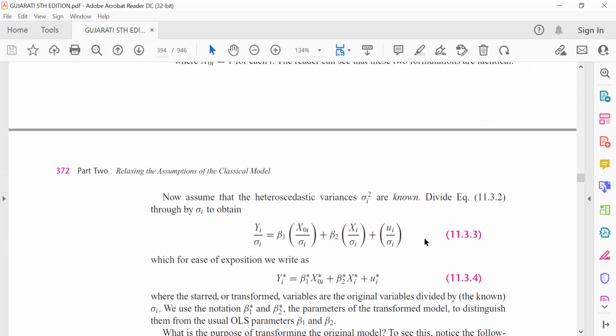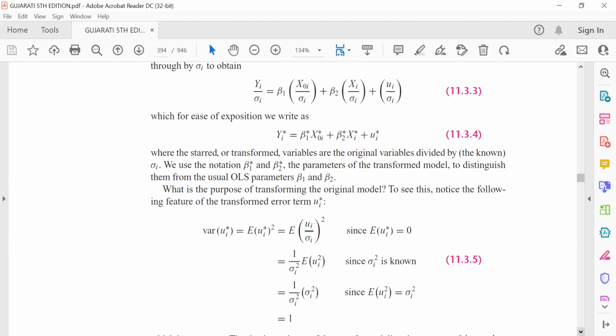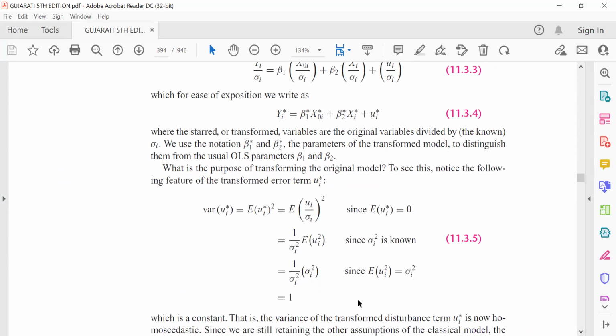When solving for heteroskedasticity, if sigma square ends up to be 1, then we assume it as constant. Now my question is, what if it's less than 1? So what will be the assumption? Should we consider it to be constant? No, we have one only.